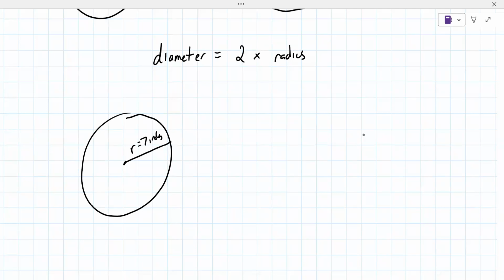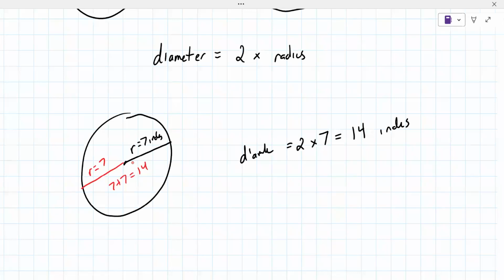The diameter is 2 times the radius, 2 times 7, which is 14 inches, because if I go the other direction with the radius, that's another 7. 7 plus 7 is 14. So you just double it?